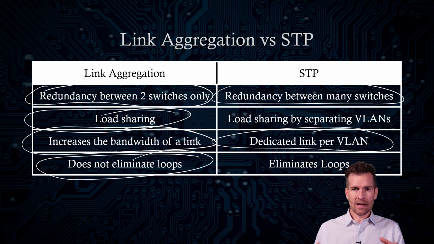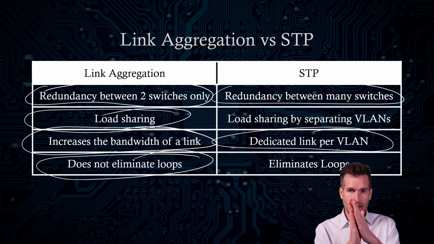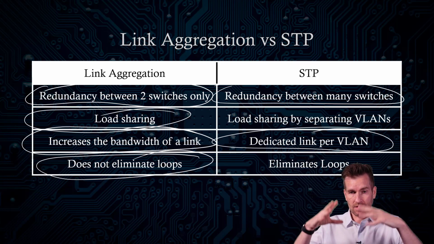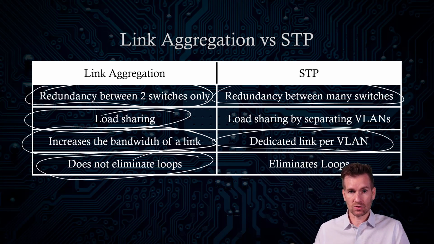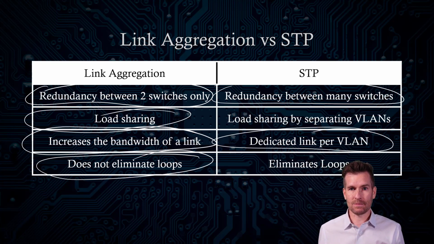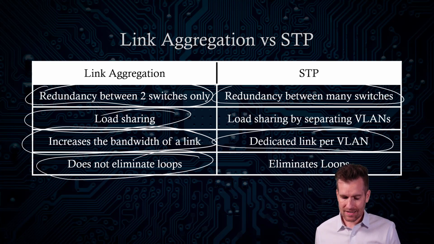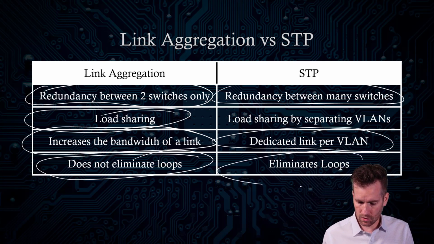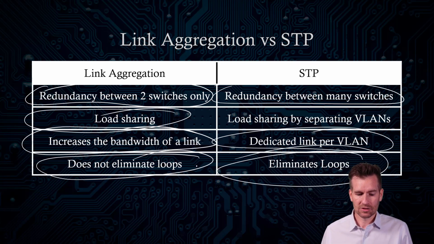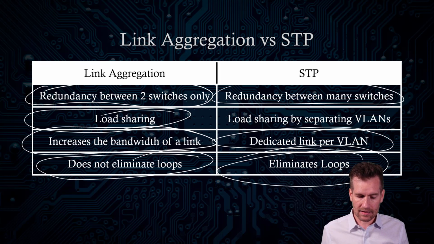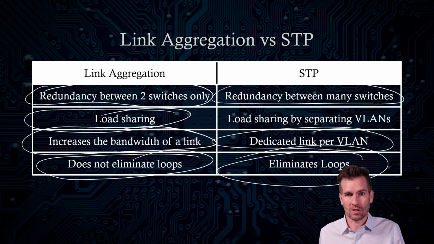So it can eliminate the need for spanning tree protocol just between the links that are aggregated, but it doesn't involve other links and other connections throughout your network. And we want multiple backups to our backups. And so with all of that, we still need spanning tree protocol because it really eliminates the loops in your network. So those are some of the similarities and differences between link aggregation and spanning tree protocol.